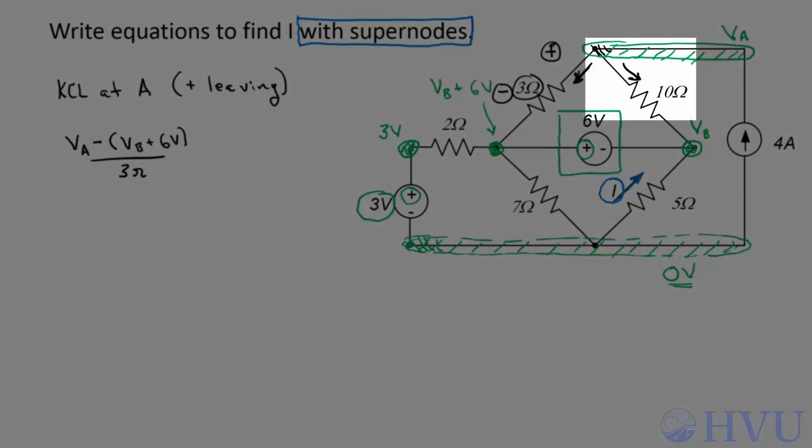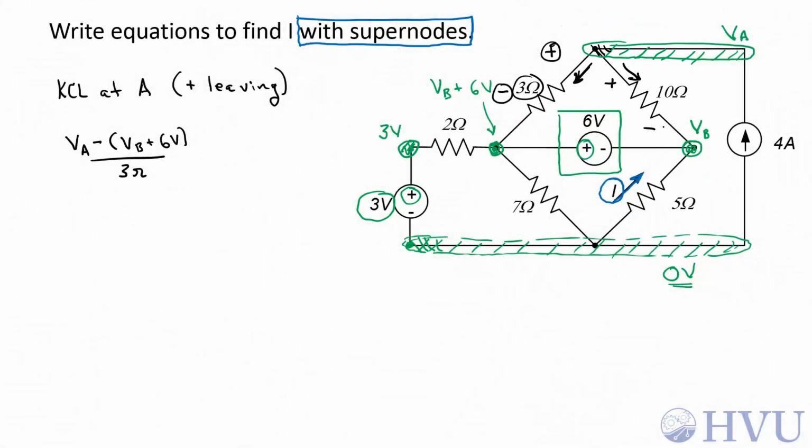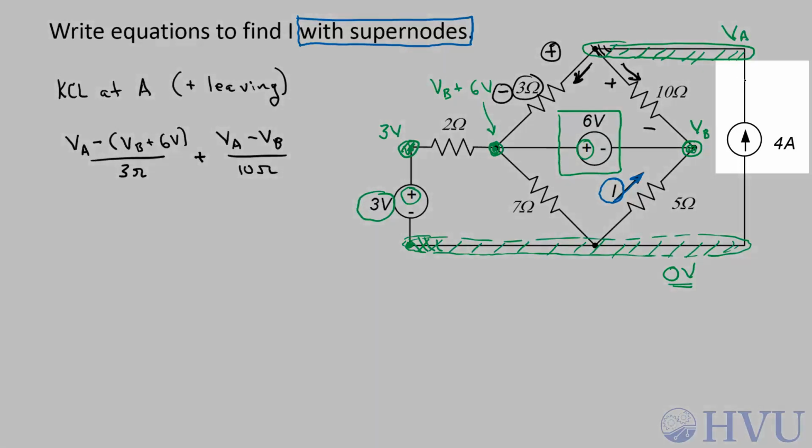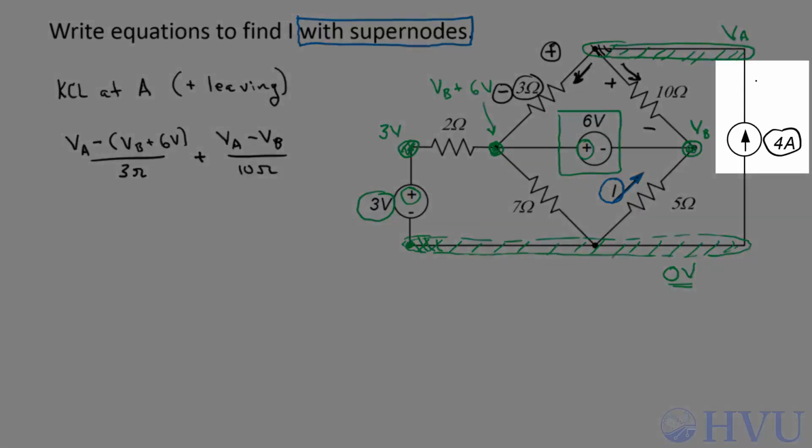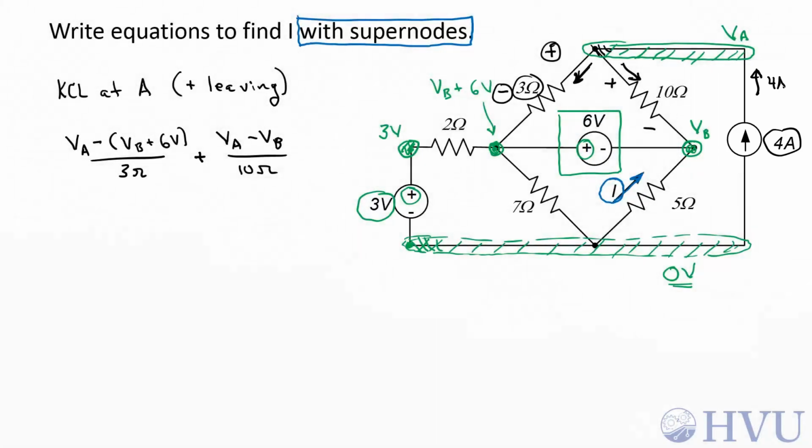The current leaving node A through the 10 ohm resistor has this voltage polarity. So this current is V sub A minus V sub B over 10 ohms. And finally, this current source is putting 4 amps into the node. Since positive currents are leaving, this will be a negative 4 amp contribution. Those are all the currents at that node, so those sum to 0.